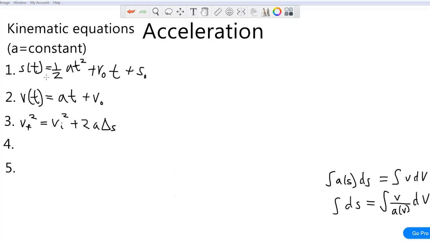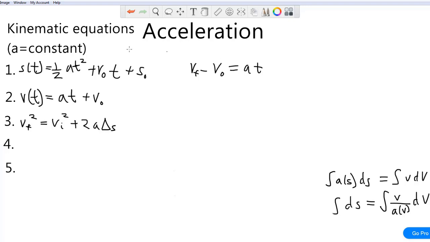Now if we take 2, instead of writing v of t, I'm going to write vf. That's our final velocity. And then I'm going to subtract v naught to the other side, so vf minus v naught equals at.